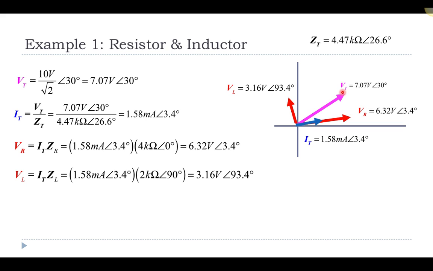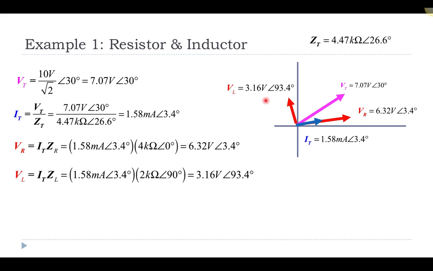I also noticed that the voltage across the resistor and the inductor are shifted from one another by 90 degrees. And also an important fact is that the voltage across the resistor is in phase with the current through the resistor, as it should be. The voltage across the resistor and the current through the resistor will always be maximums together and minimums together.